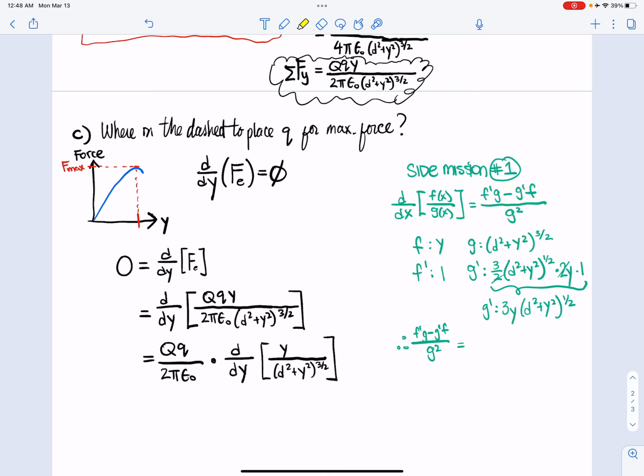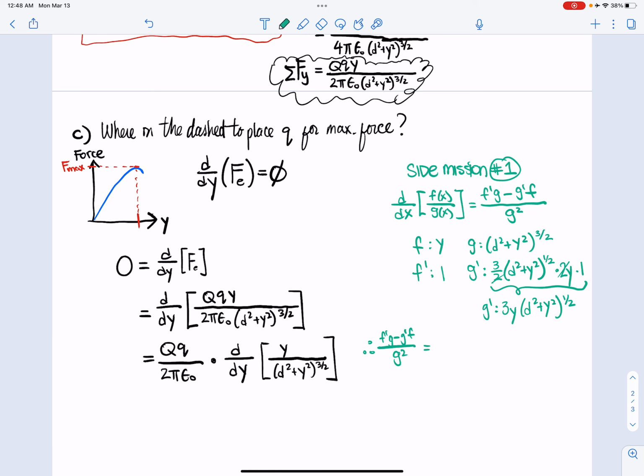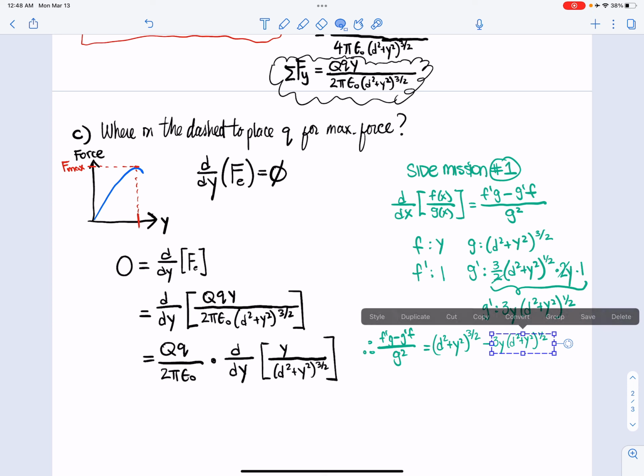Okay, so that will be equal to f prime, that's 1, times g, which is d squared plus y squared to the power of 3/2, minus g prime, which is this, times f, which is y.